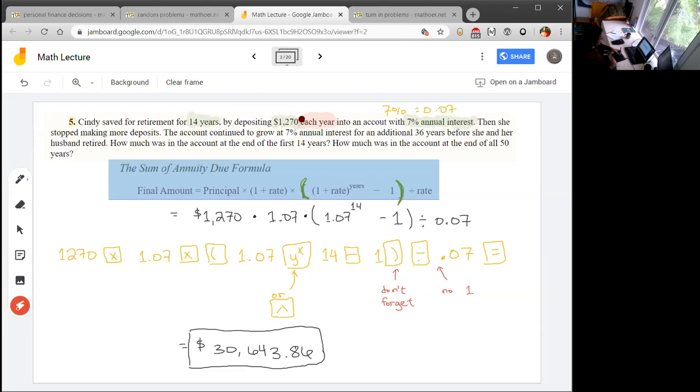So once again, because she deposited the same amount every year repeatedly, we use the sum of annuity due formula. Now we're done with that. Actually, I'm going to grab that before I box it.